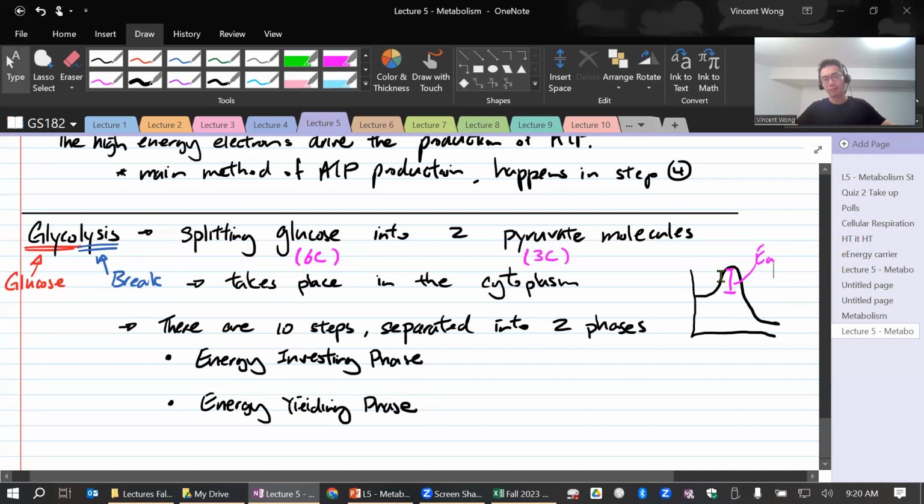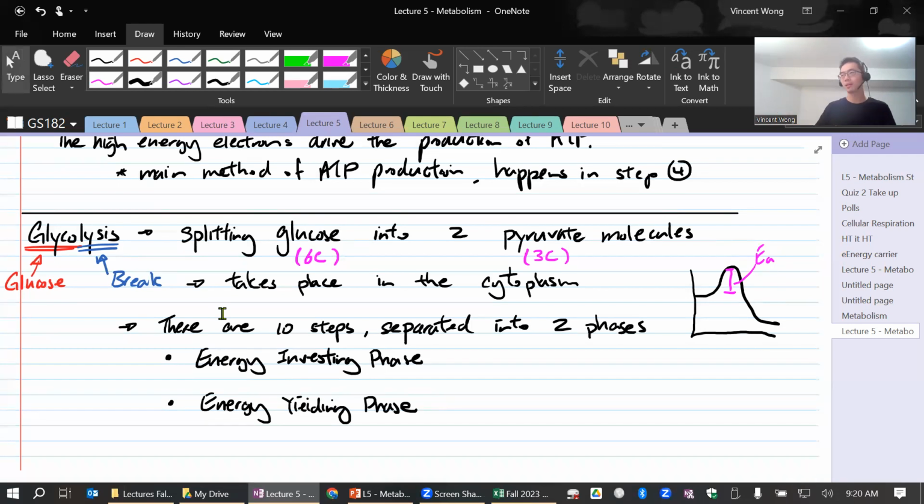So EA is the amount of energy required for reaction to occur. So over here in glycolysis, glucose doesn't want to react. It's like, you know what? I don't want to do anything. I just want to sit there and leave me be. It doesn't have enough energy to go through with the reactions.